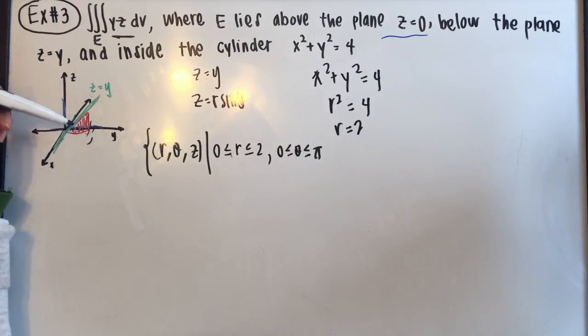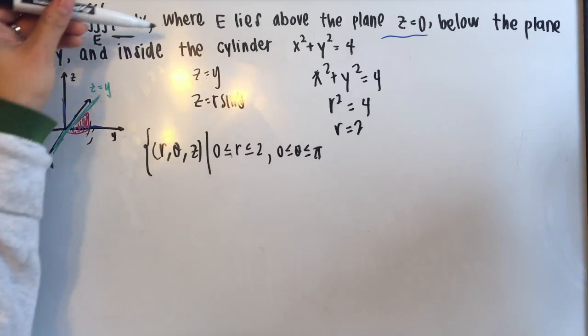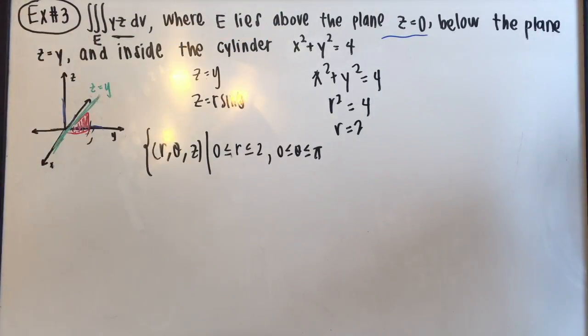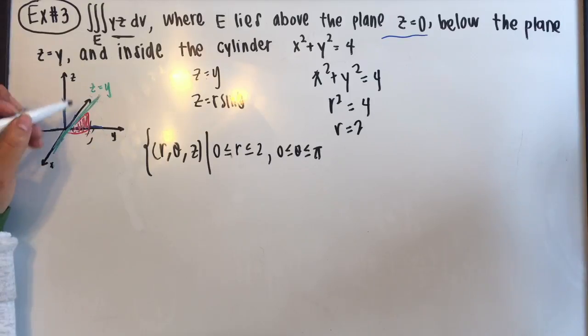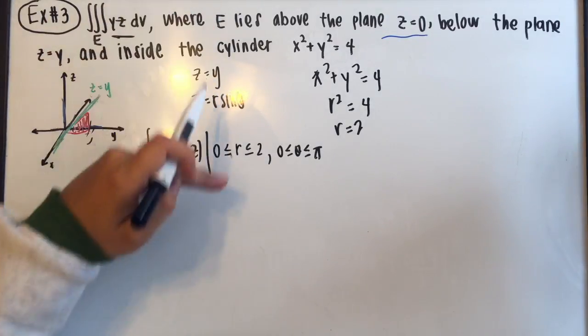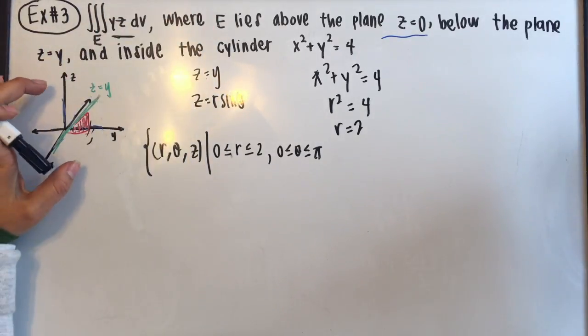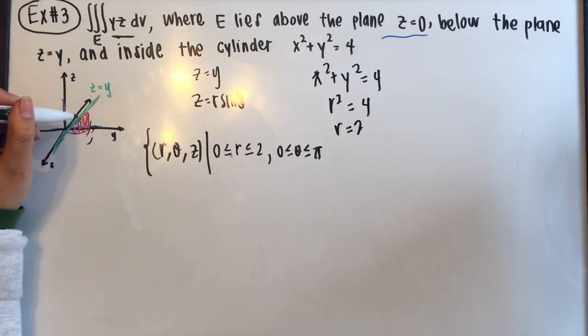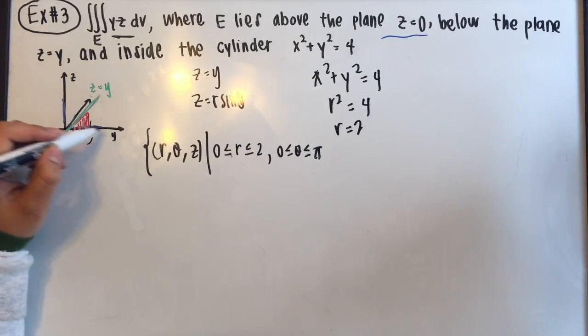That's why I previously said from example 1 that it's always good to do your graph, because you can understand it here. And if you're like me, a visual learner, you have to actually draw something to be able to understand it and know what you're doing. So if you're having difficulty setting it up, draw it out. Doing your drawing, you're going to notice, okay, this is only this part.